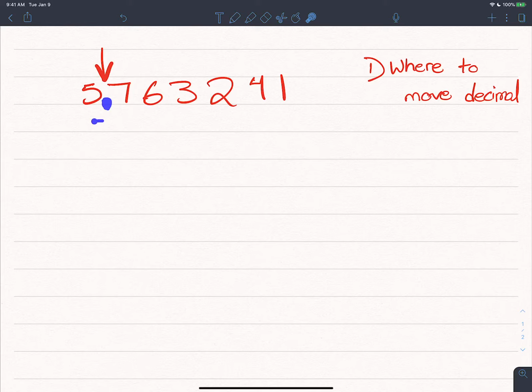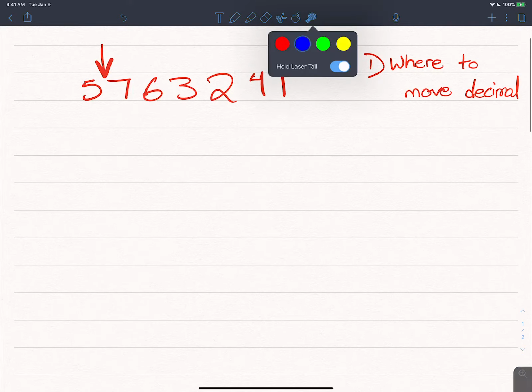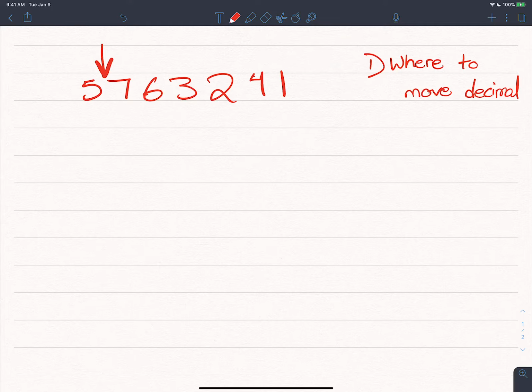The only digit to the left of it is a 5. We have one non-zero number to the left of the decimal point. So that's the first question. Where do we want to move the decimal point? And we want to move it here in this case. It'll be a different place depending on what problem we're doing, but that is the first question.